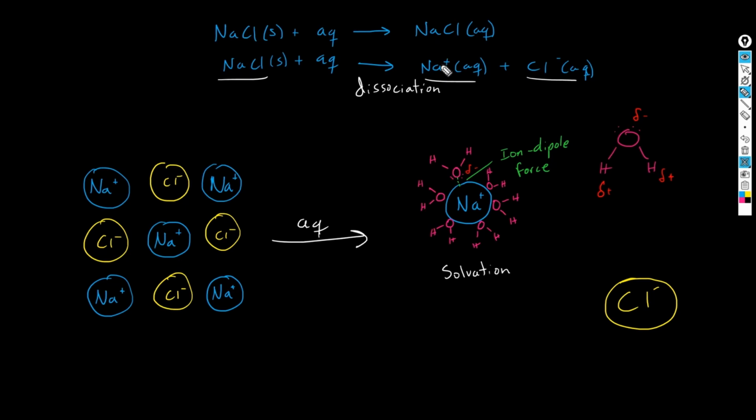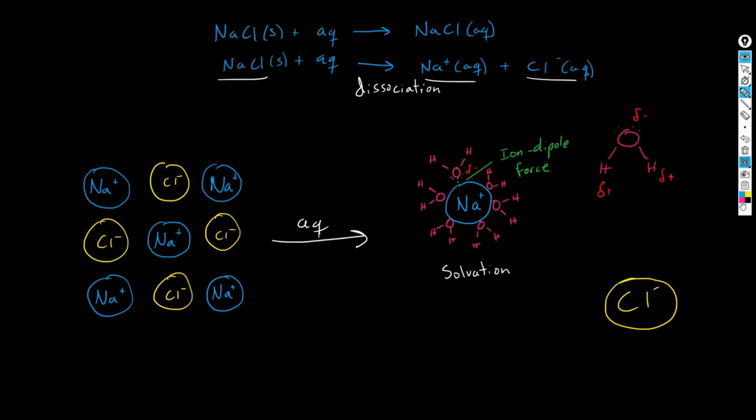These processes are related. Dissociation happens because of solvation. So the dissociation of sodium chloride to sodium ions and chloride ions happens because the water molecules undergo solvation of the ion due to the ion dipole forces that they create.